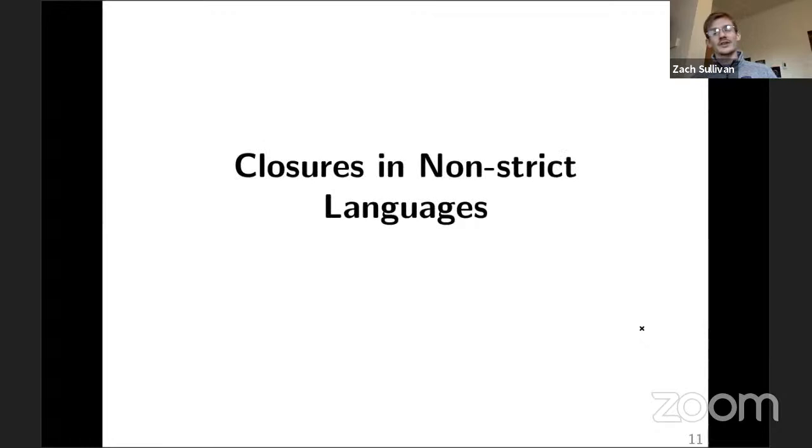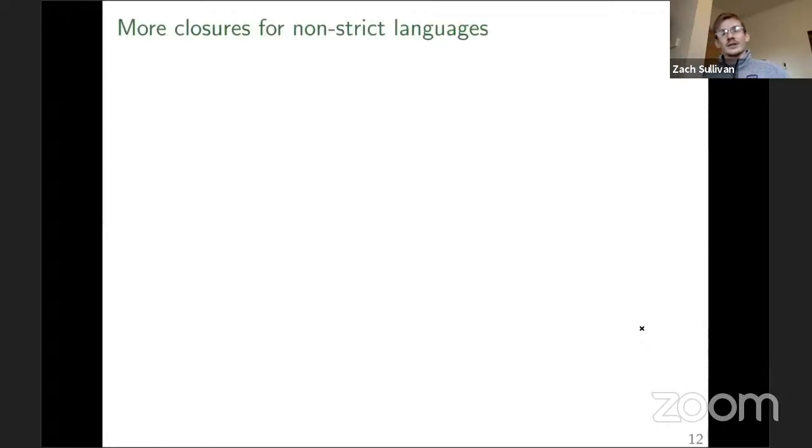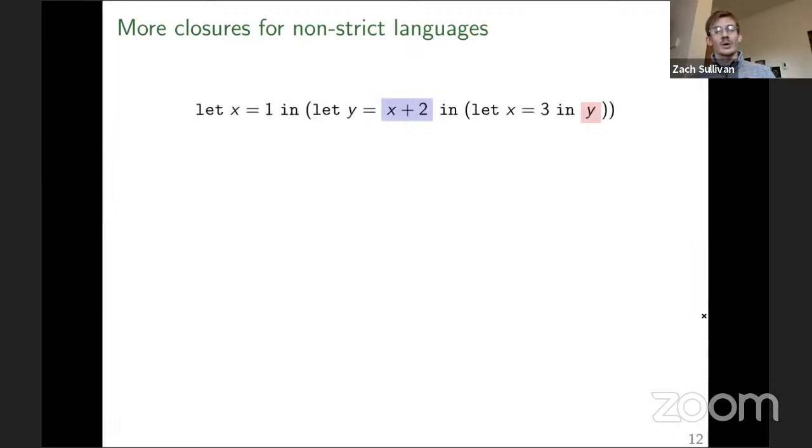How does this transfer to non-strict languages? Well, non-strict languages are going to require more closures than strict languages. Take this new example program where we have a few bindings, and in non-strict languages, we're not going to evaluate those until the variable occurs.